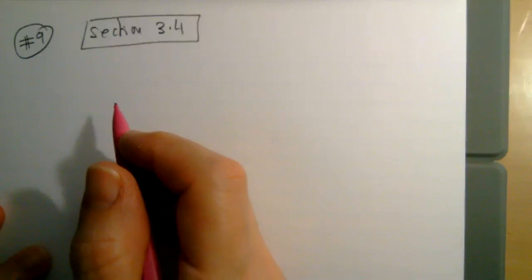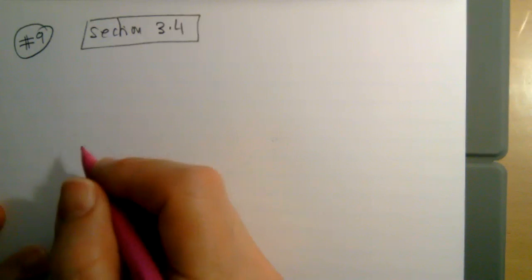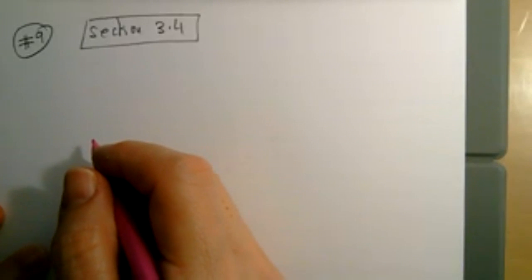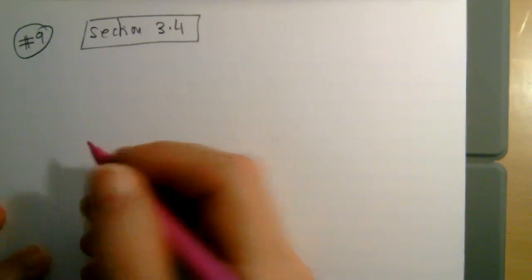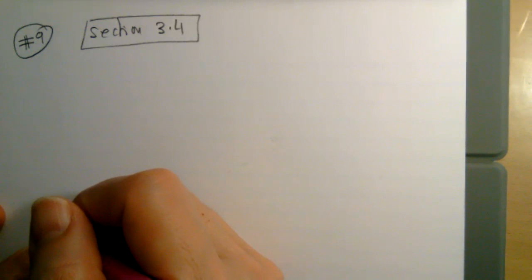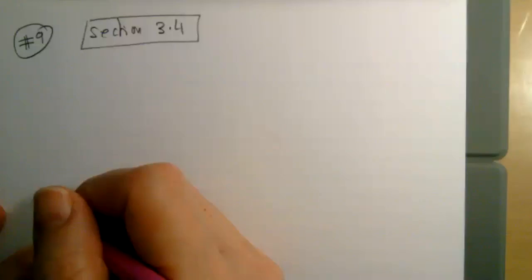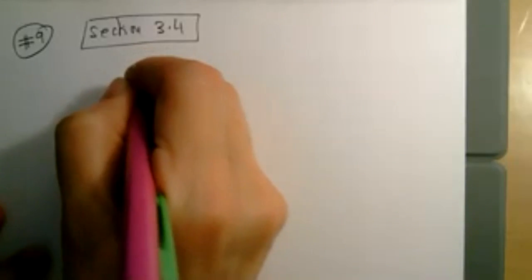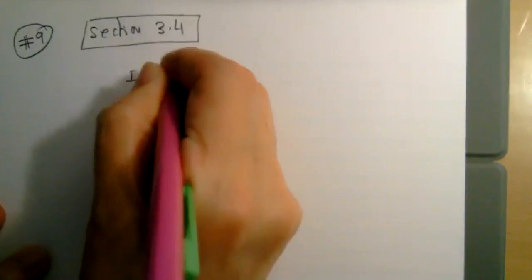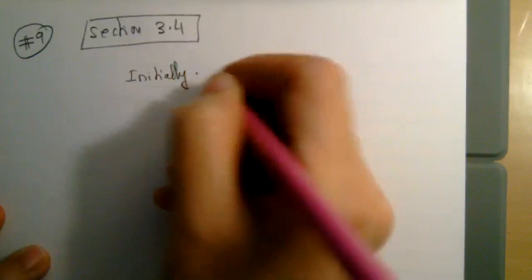Let us say you invest $1,000 in an account where the interest is compounded annually, and after 10 years you have $1,424.29 in the account. What was the interest rate? So let us read the problem. So initially you invest $1,000.